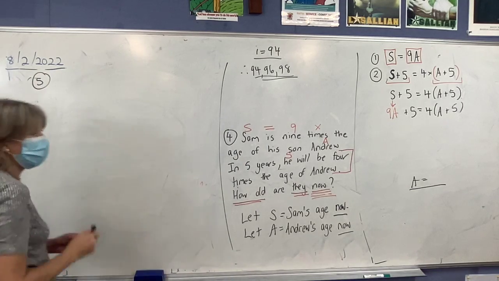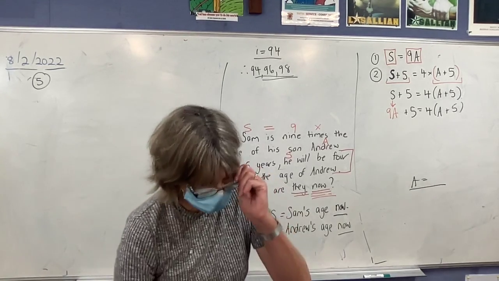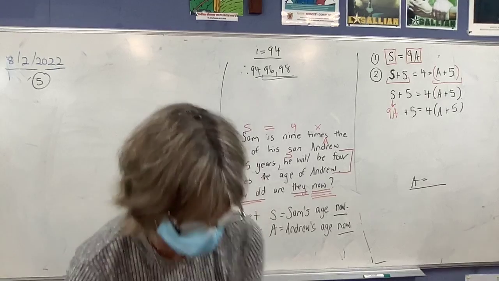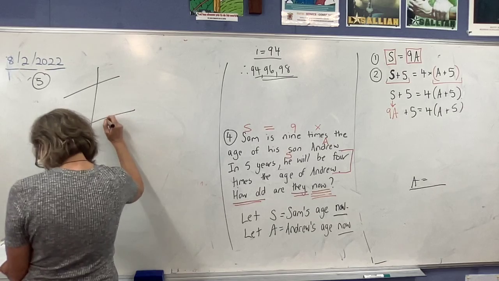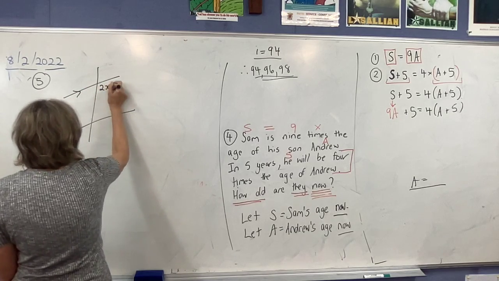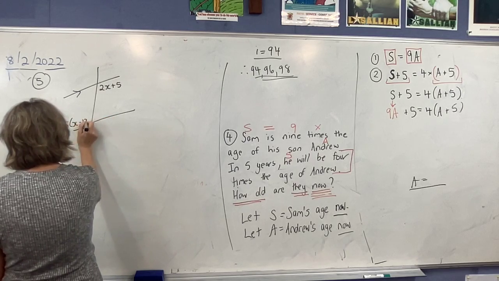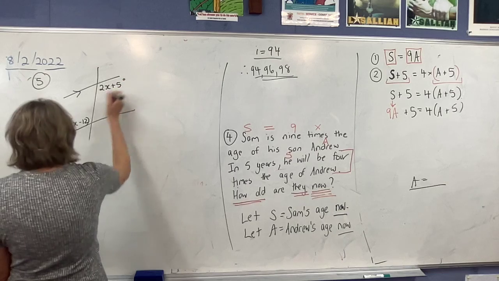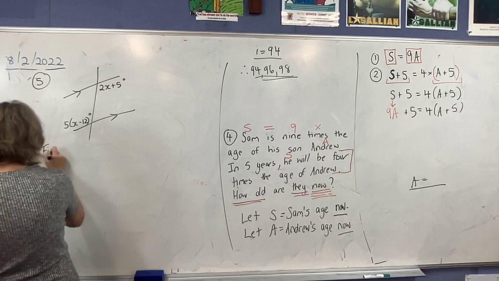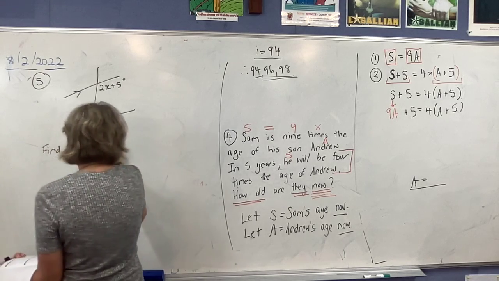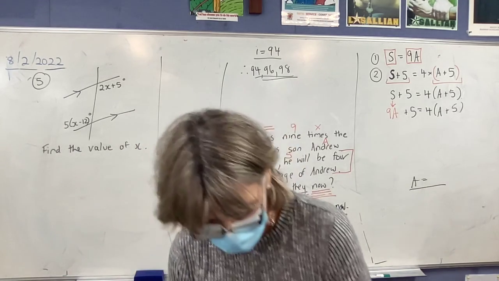Keep going till you find both A and S. If you're not sure how to do that, just leave some space. If you finish that one, you can do number 5, see how you go with it.